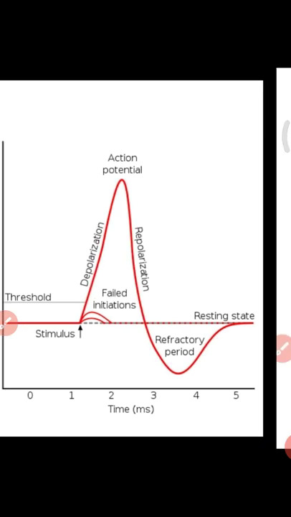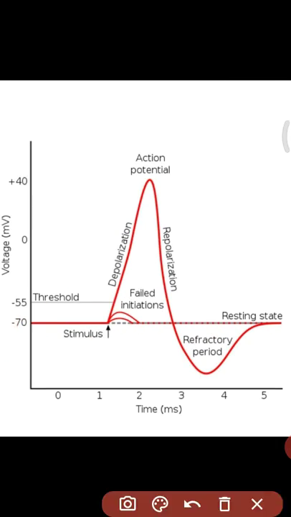It is the voltage inside the cell with respect to the outside of the semi-permeable cell membrane in the resting state. This is a negative voltage, minus 62 to minus 100 millivolts. This is your resting state.